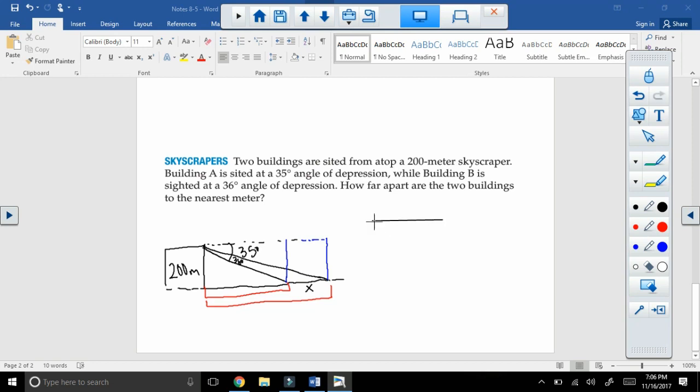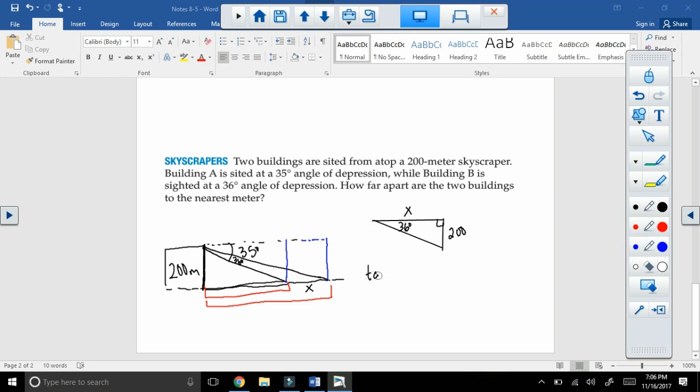So for this first right triangle, the smaller of the two, the only angle is 36 degrees. I know that this is 200 meters. I can go ahead and put that over here this time, that one's 200 meters, and I want to find this distance, which is going to be the same as that.